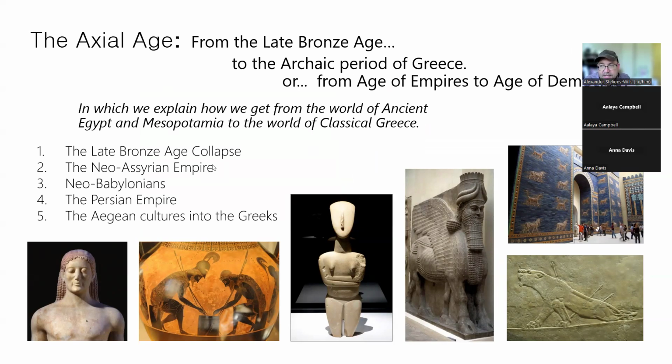in which I'm talking about what happens next. We're talking here about the very late Bronze Age, so the 14th, 13th, and 12th century BCE in the Bronze Age Near East.